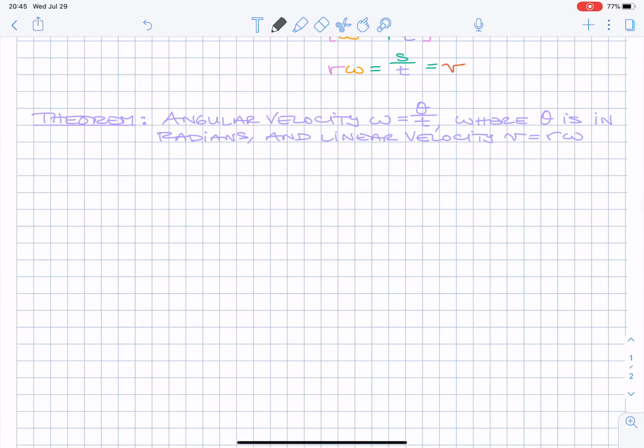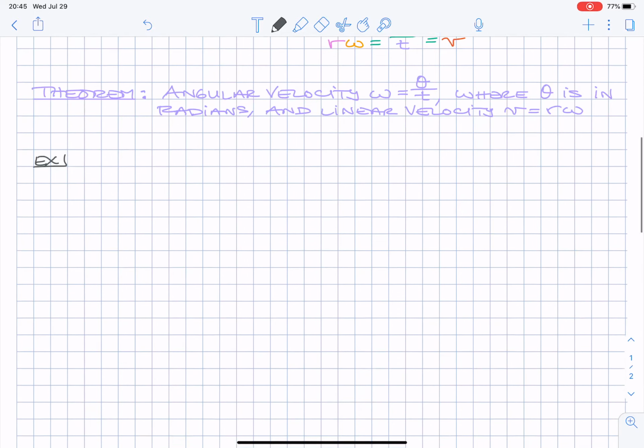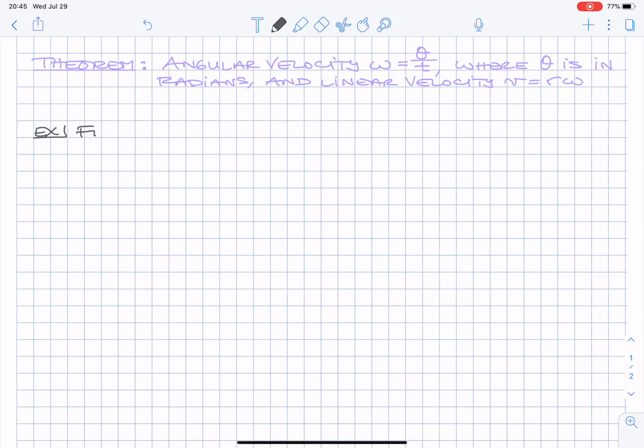So for example, let's find the angular velocity. Remember, angular velocity is the circular one, so that's omega. And linear velocity is a velocity we know from miles per hour.